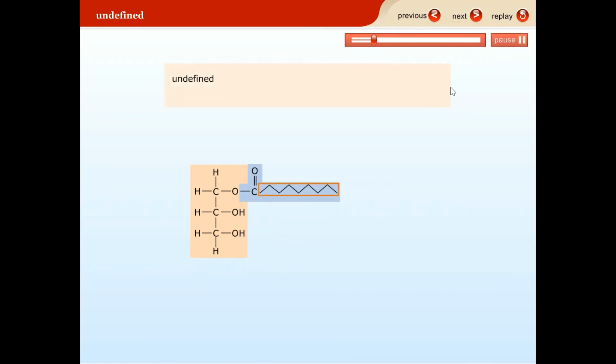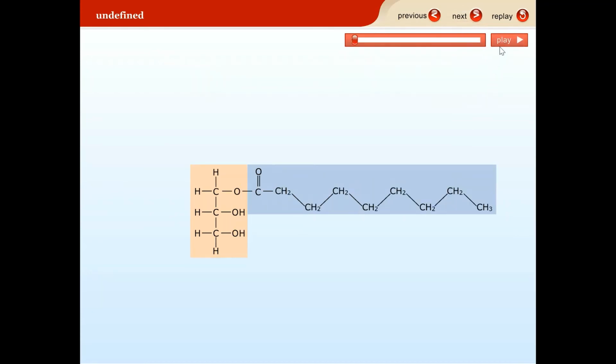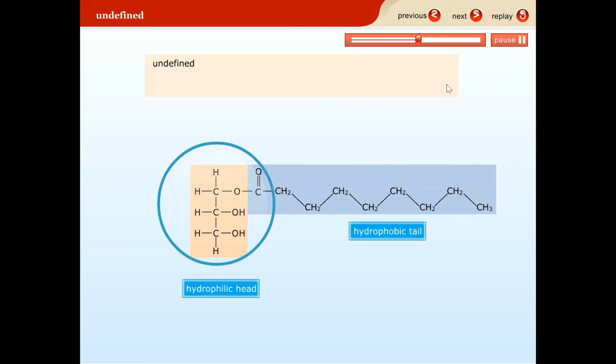Note that our emulsifier molecule has a fatty acid hydrocarbon chain which is non-polar, therefore oil soluble and hydrophobic. There will also be two hydroxyl groups which are polar, which will be soluble in water and in turn be hydrophilic.